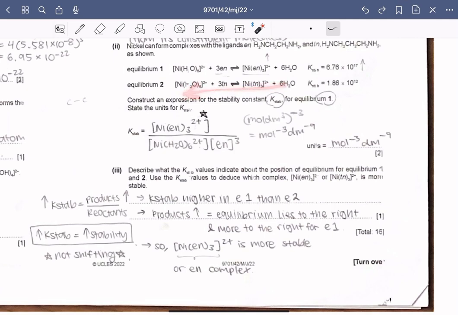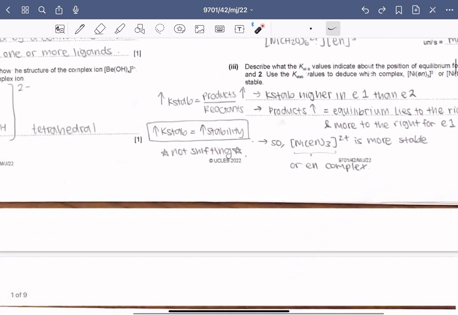More of this dissociates because it is less stable. And so the answer is that K-step is higher, so it is more stable: Ni(en)2 2+, which is the product of equilibrium 1.